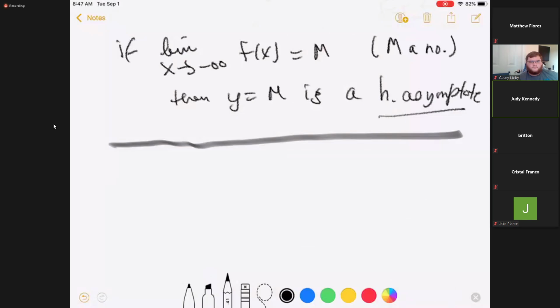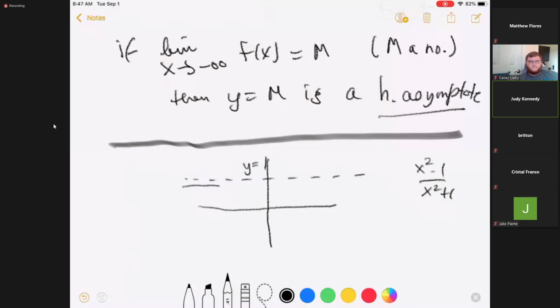So just some sketches. I think it was this function. This function has a horizontal asymptote at y equal to 1. And it has a graph that looks like this.